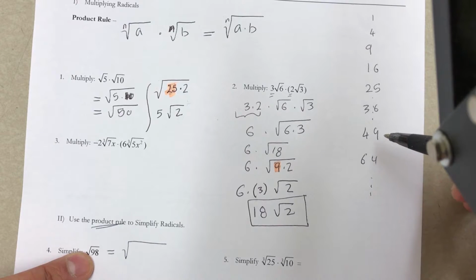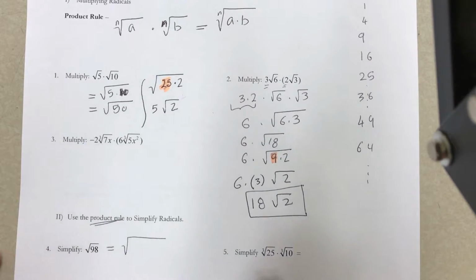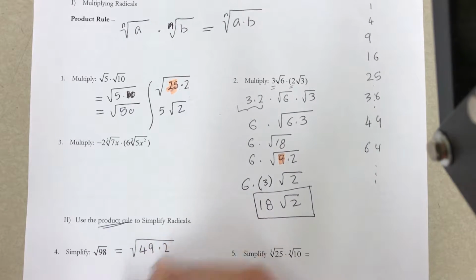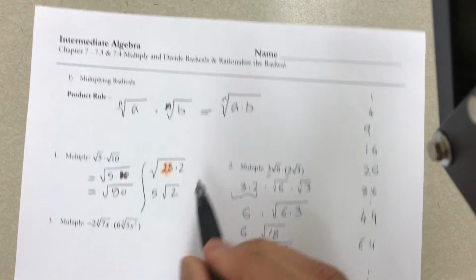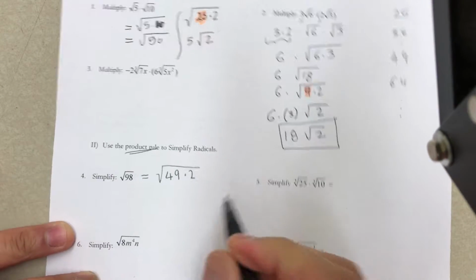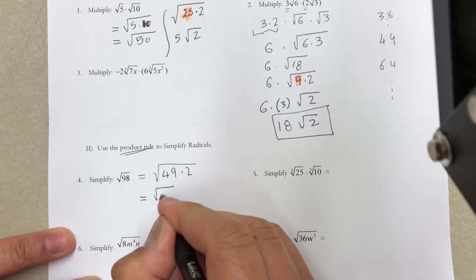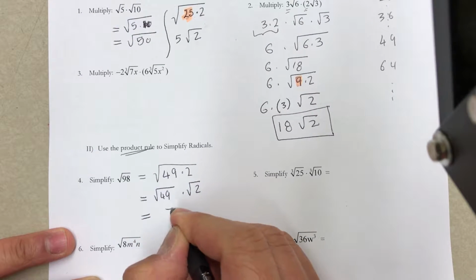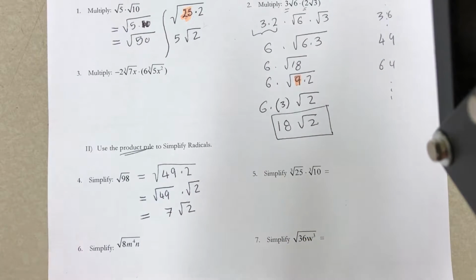Turns out that 49 does divide into 98. So therefore, we can write 98 as 49 times 2. And then using this rule allows us to split them up into two radicals. So therefore, we're going to write it as radical 49 times radical 2. And therefore, we get 7 root 2.